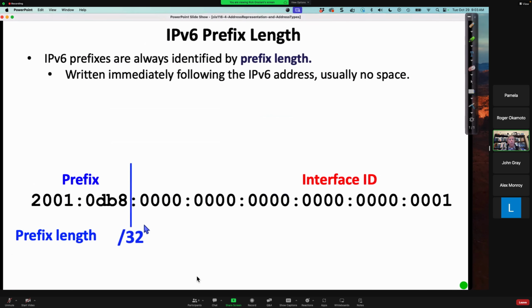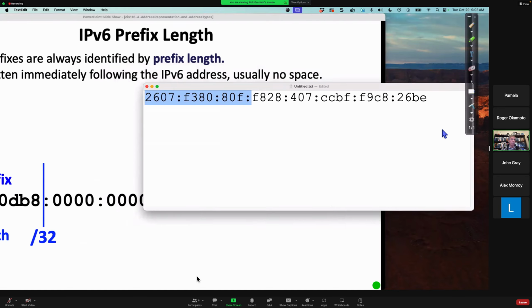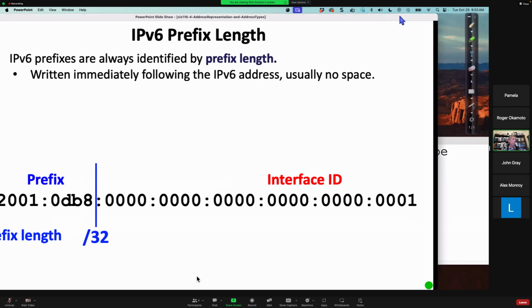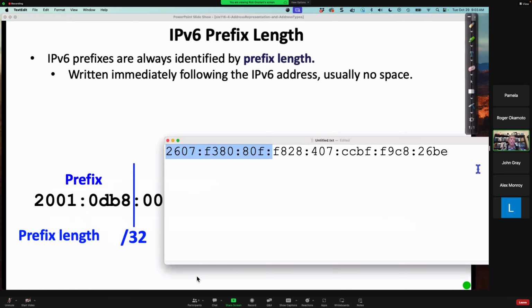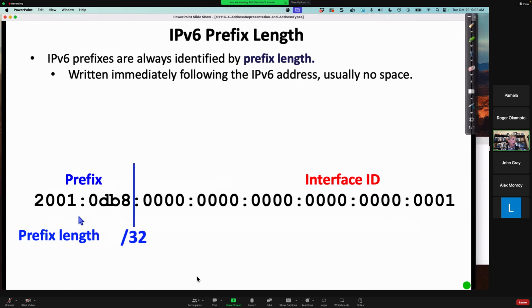We'll talk about prefix lengths of different values, but let me mention again, internally we are going to have /64s, which means this is the network portion of the address. That's always what we're going to be seeing internally. But we'll talk about some of these other prefix lengths here.